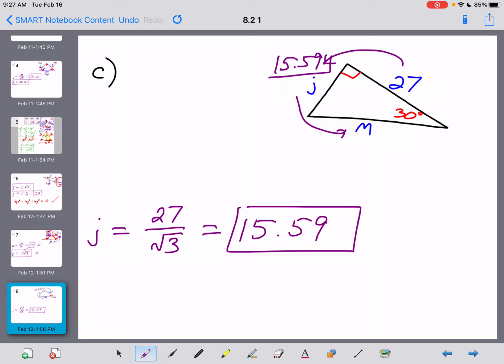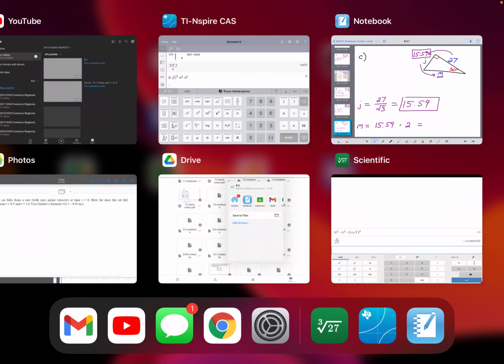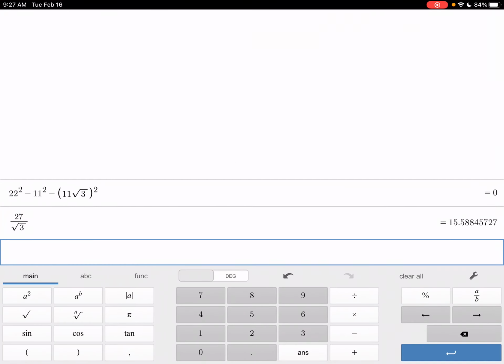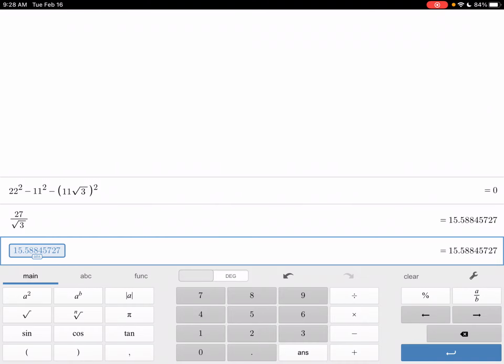15.59. Now what's missing, everybody, is we need our hypotenuse. And to get your hypotenuse, you're going to take your short leg, which we just found was 15.59, and very simply, we multiply that by 2 to get the length of the hypotenuse. Now, the best way to do this in your calculator, you guys, is not to manually type in 15.59, but for me, I've got this little ANS button right here underneath my 3.